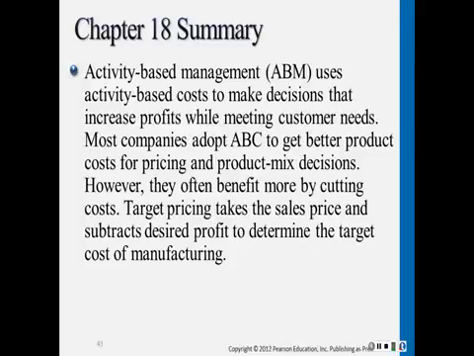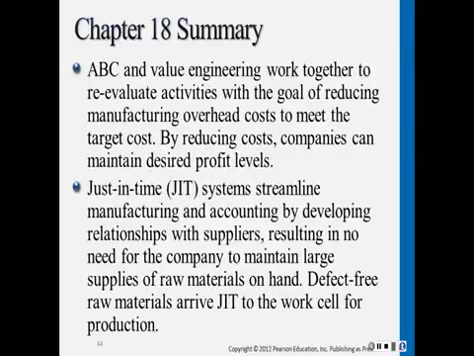Target pricing takes the sales price and subtracts desired profit to determine the target cost of manufacturing. ABC and value engineering work together to reevaluate activities with the goal of reducing manufacturing overhead costs to meet the target cost. By reducing costs, companies can maintain desired profit levels.